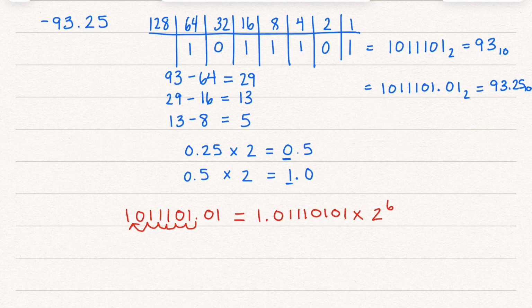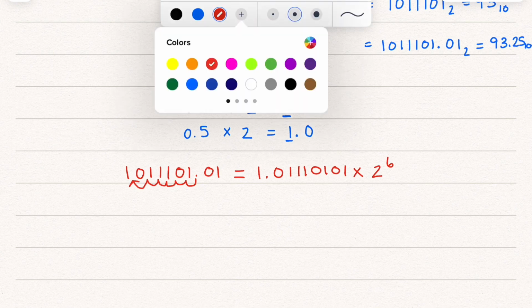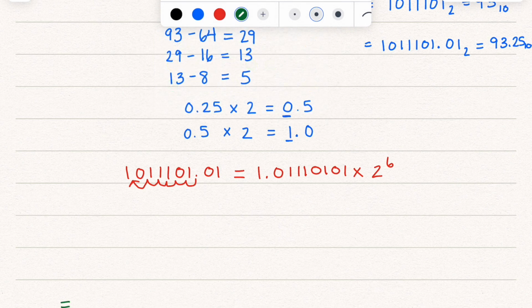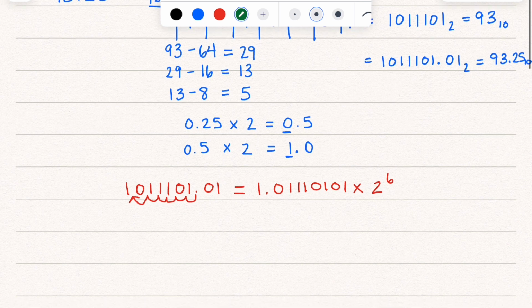Once we have it in normalized binary form, we can take these pieces in order to write it in the IEEE Standard. So the first part of the IEEE Standard is the sign bit. Our actual question was negative 93.25.